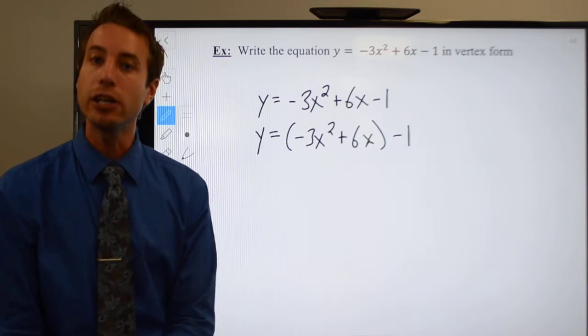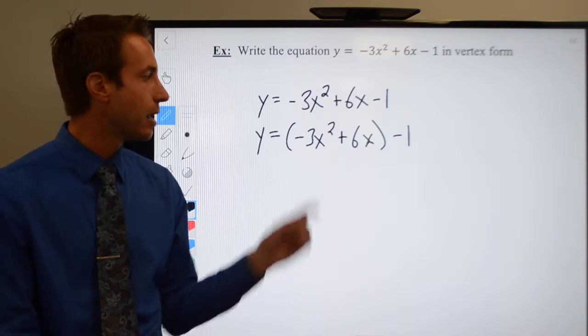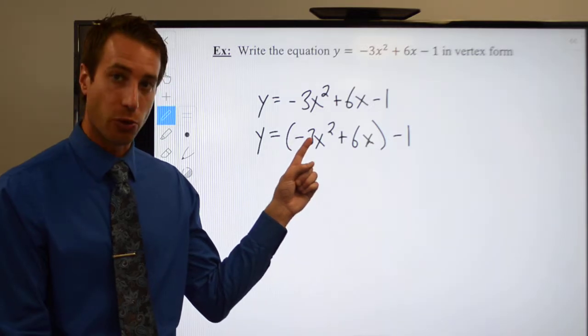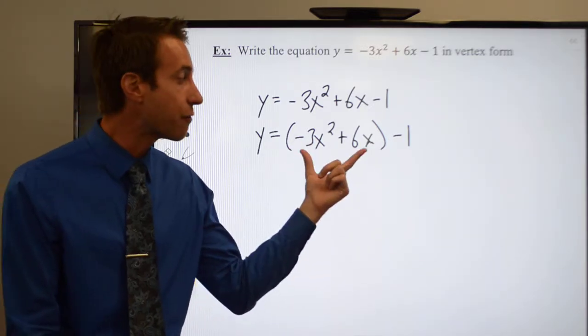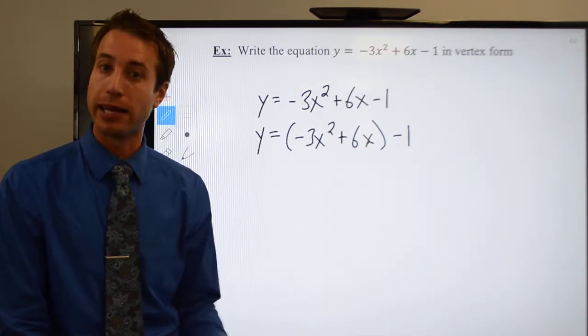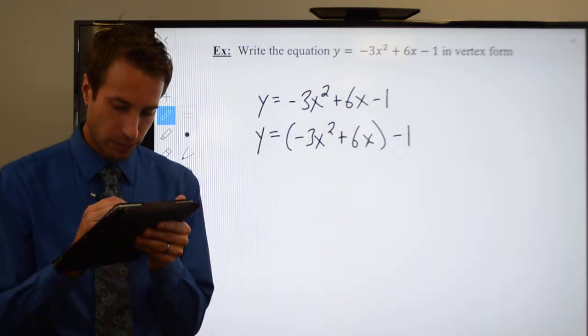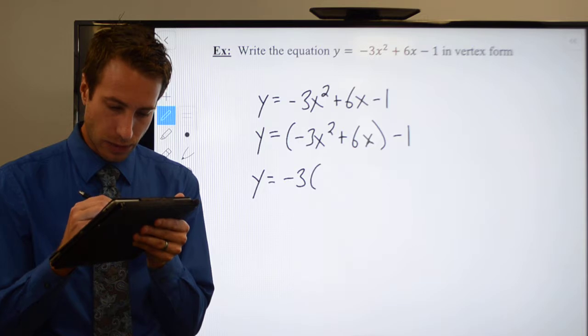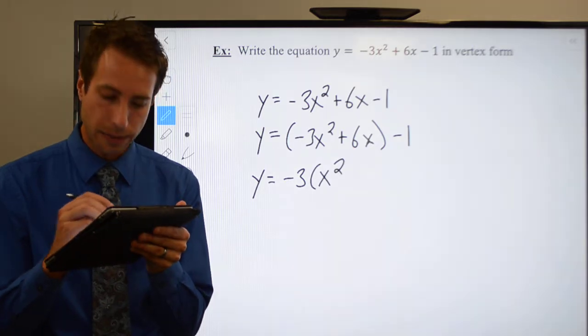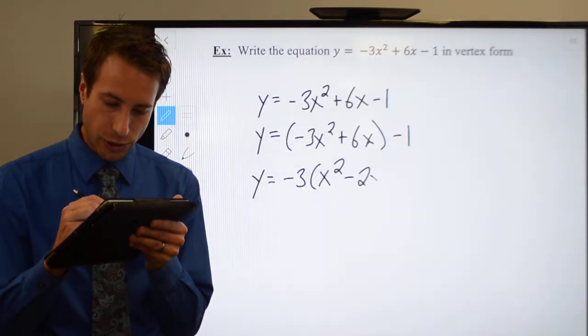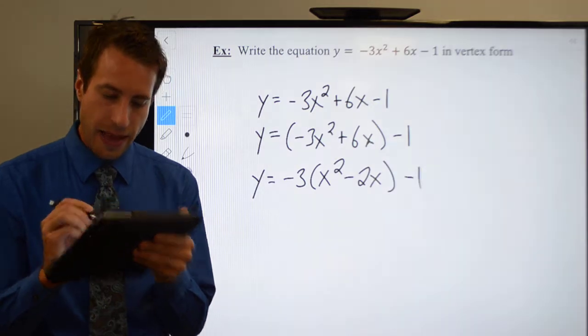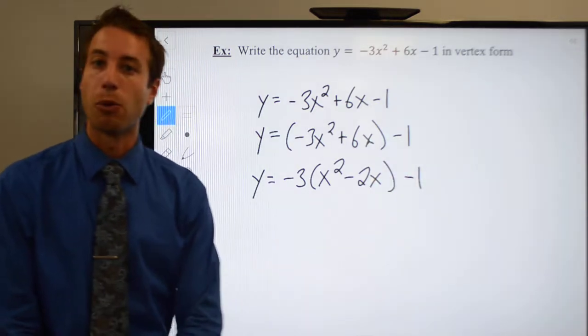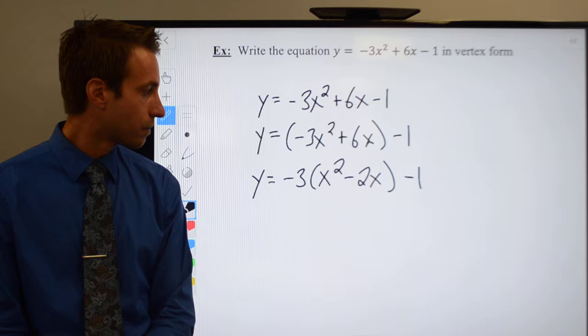Well, the way that we're going to do that is we're just going to go ahead and pull a negative 3 out of everybody inside the parentheses. That's going to leave me with an x squared minus 2x, and then that minus 1 is still out back. Okay, great.